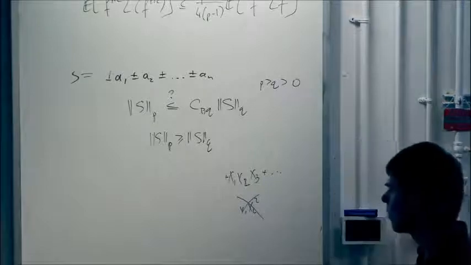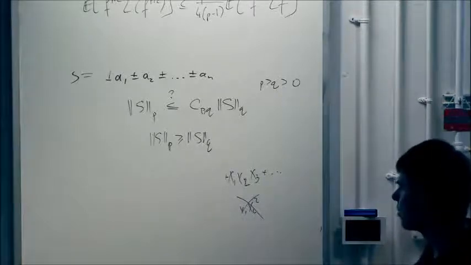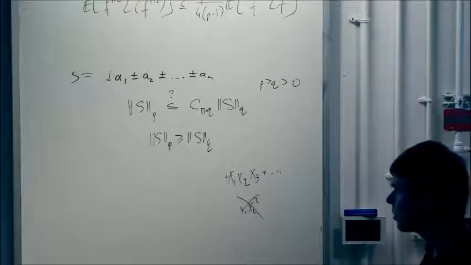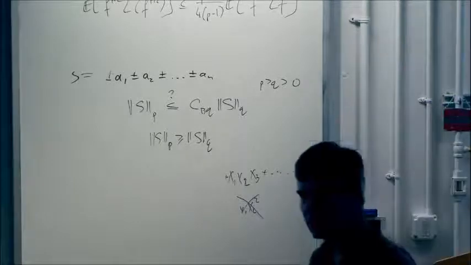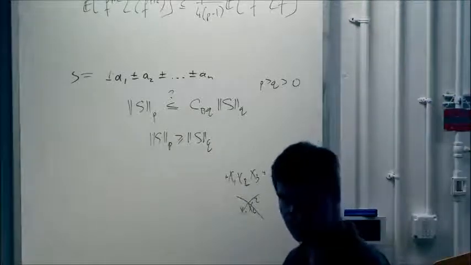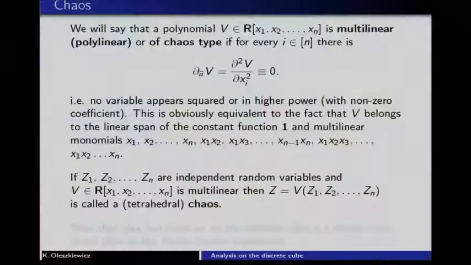We only want such multilinear terms to show up. Okay, and now, if we plug in instead of these variables some independent real random variables, then we get some random variable Z that is a polynomial in independent real random variables, and moreover, this polynomial is of chaos type. And such a thing is called random chaos.